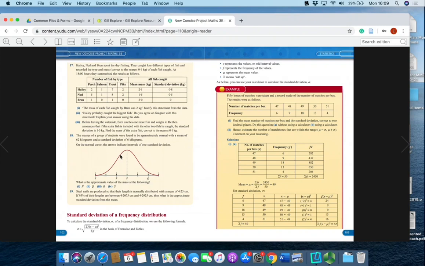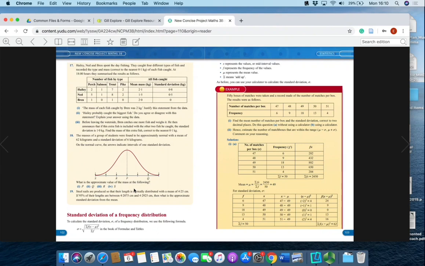So question 18 says the masses of a group of students were found to be approximately normal with a mean of 62 kilograms and a standard deviation of 6 kilograms. And it says on the normal curve the arrows indicate intervals of 1 standard deviation.